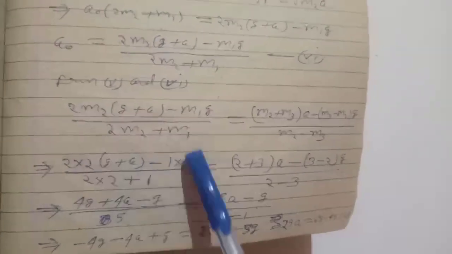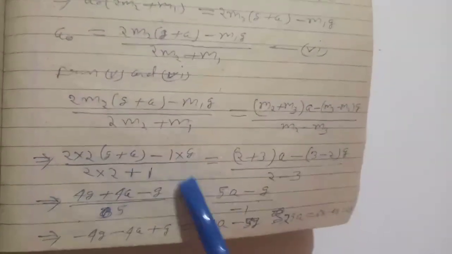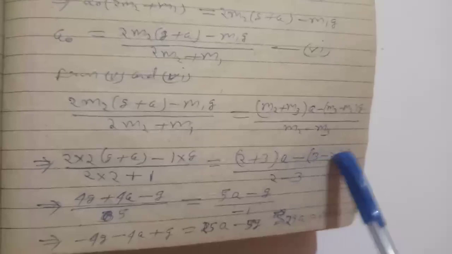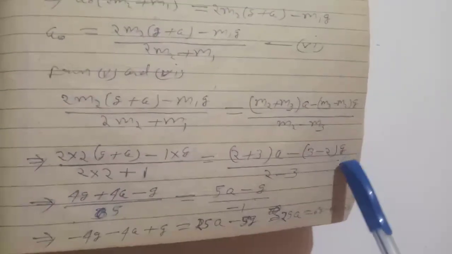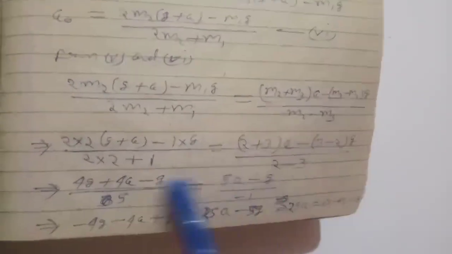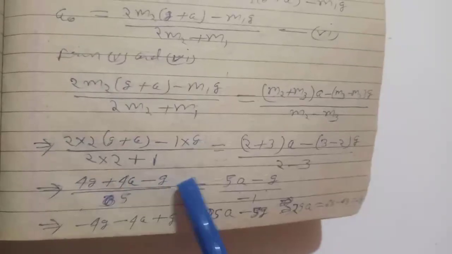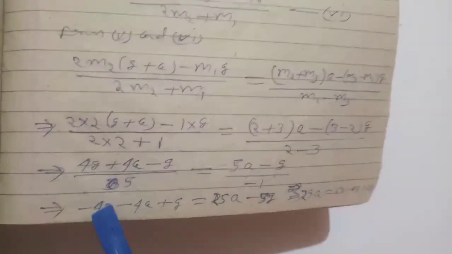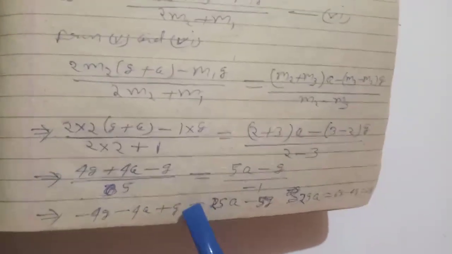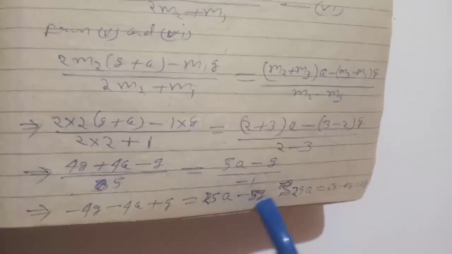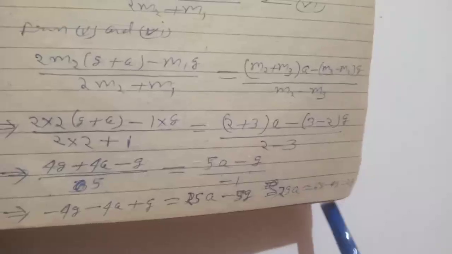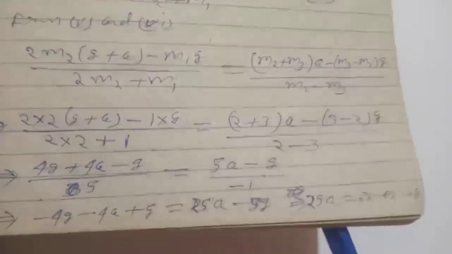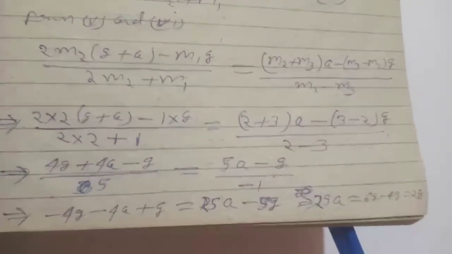And using all the given values, this is like (4G plus 4A minus G) by 5 equals (5A minus G) divided by minus 1. Or minus 4G minus 4A plus G equals 5A minus 5A, 25A equals 6G minus 4G equals 2G.